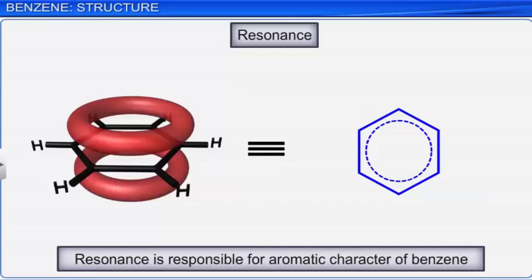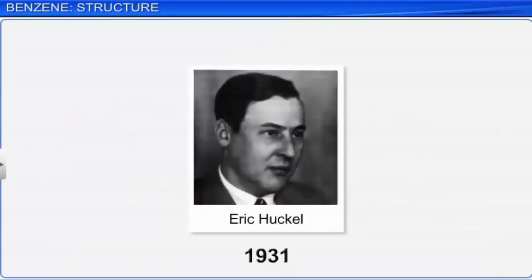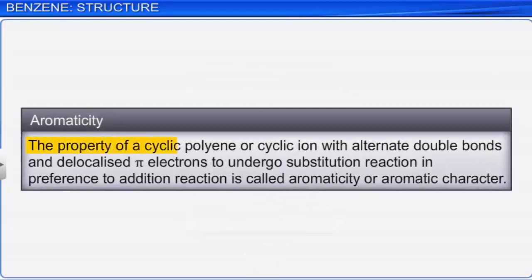In 1931, Erich Huckel proposed the modern theory of aromaticity, or aromatic character of compounds. The property of a cyclic polyene or cyclic ion with alternate double bonds and delocalized pi electrons to undergo substitution reaction in preference to addition reaction is called aromaticity or aromatic character.